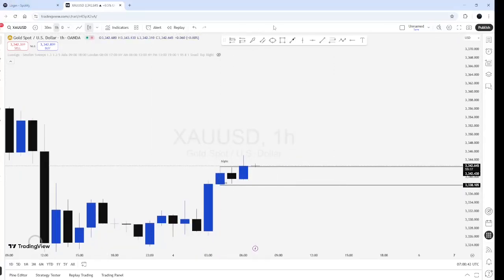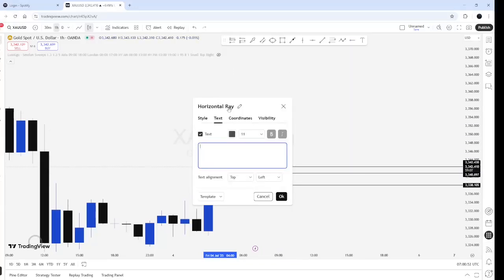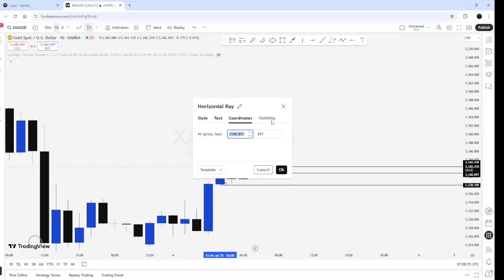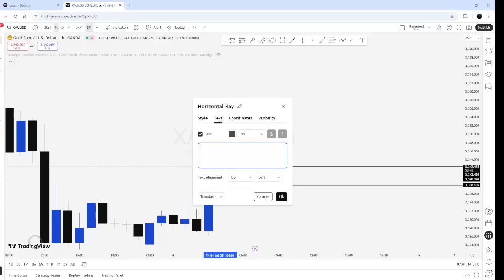And after that we have the opening and the closing. So the opening is right here, and the closing is right here. Let me change the coordinates. Close is 3340.940. That's the closing.